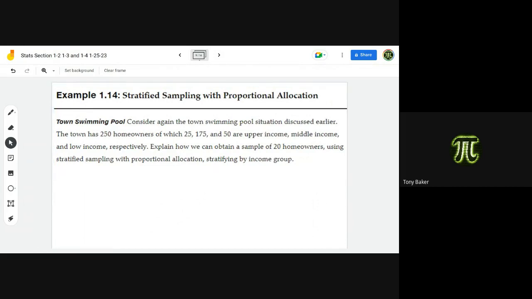Town swimming pool. If I was going to do this as a cluster sample, I know this is stratified, but there was actually a problem before this one that I didn't put up there. If I was going to cluster it, who do you think in town would be more apt to want a town swimming pool?